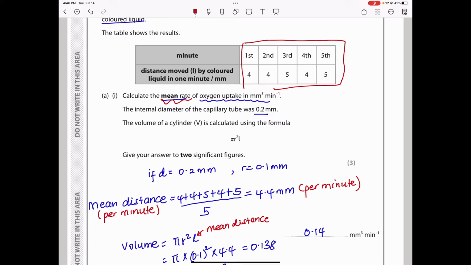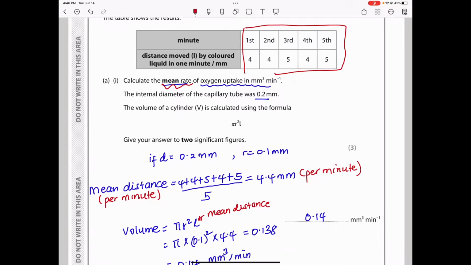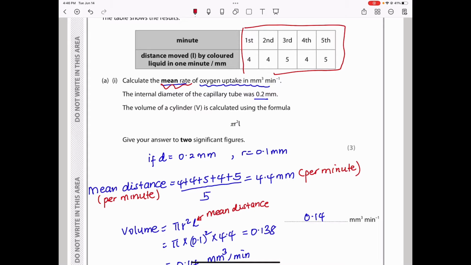If we are looking for mean rate, it's going to be the volume of oxygen taken up within a specific period of time. They've given us the formula, which is pi r squared L. They want us to give the answer to two significant figures. To use this formula, we need to know the radius, and radius is equal to diameter over 2, which is 0.2 divided by 2, giving us 0.1 millimeters.